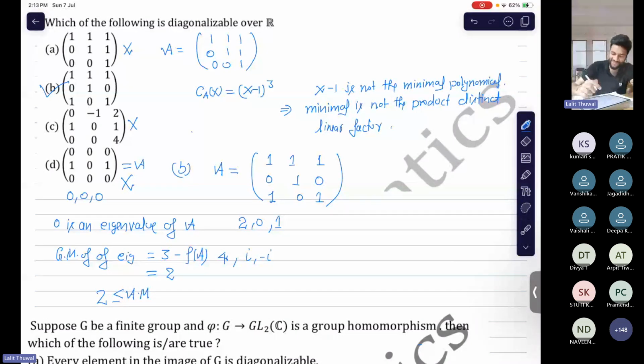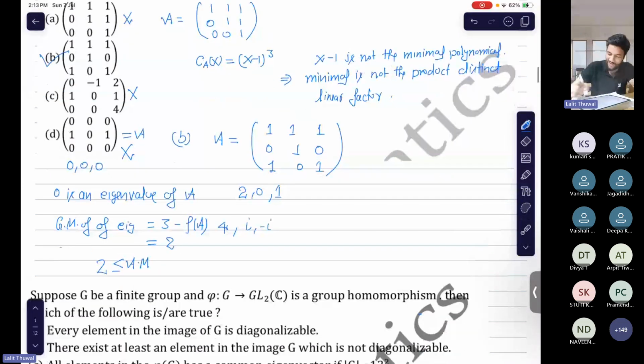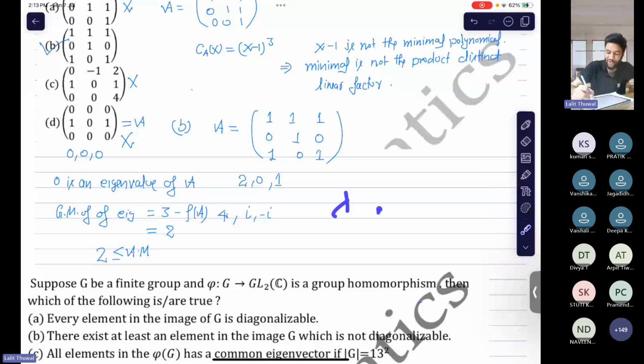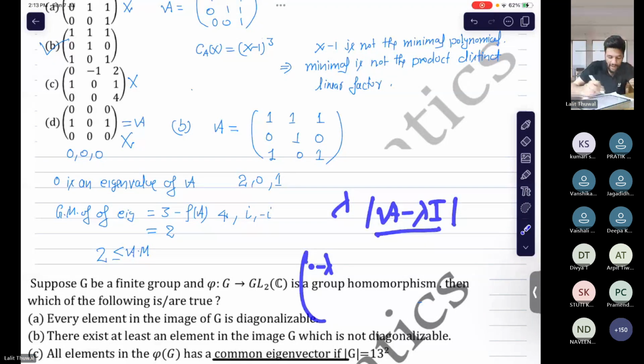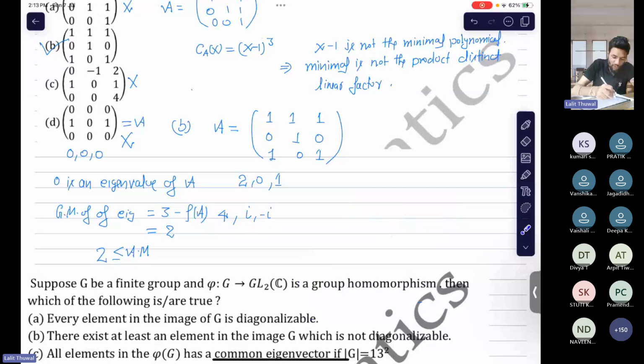The 4 is an eigenvalue because lambda is an eigenvalue of A if the determinant of A minus lambda vanishes, right? A minus lambda is nothing but subtracting lambda from the diagonals. Suppose you subtract 4 from the diagonals, the last column of the matrix becomes 0, 0, 0, whatever the other diagonal elements are.